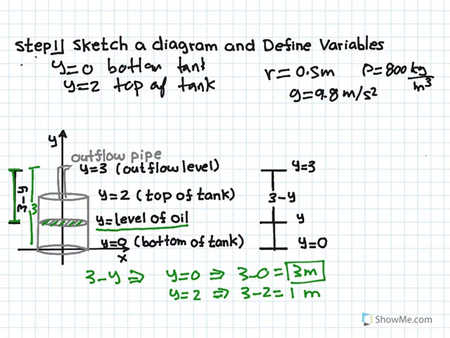All right. So since the tank is a circular cylinder, the horizontal slices are circular discs of radius 0.5. So these circular cross-sectional slices have a radius of 0.5 meters. So this radius here is 0.5 meters.